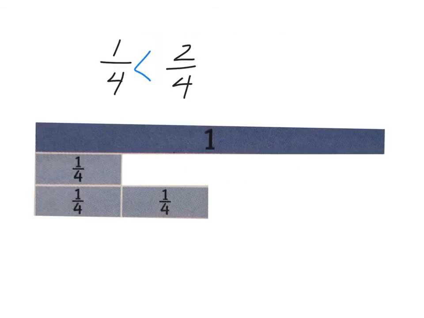When we compared 1/4 and 2/4, we looked at the denominators to see if the pieces were the same size. And since they were the same, they are the same size. So then we looked at the numerators to see which one had more pieces. So when we compare fractions with a common denominator, we call it the compare fractions with common denominators strategy.